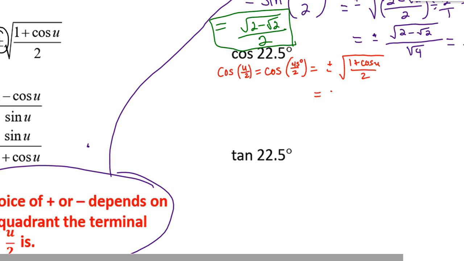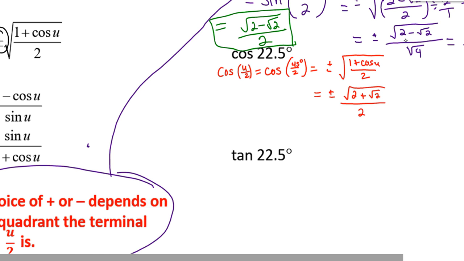So I'm not going to go through all the math again, because all the math will be the same except for that sign right there. Instead of a square root of 2 minus square root of 2, it's going to be plus, and then that's all over 2. Same exact work as above.